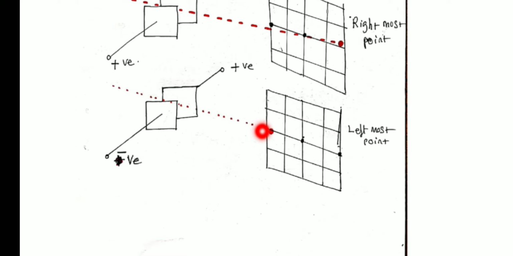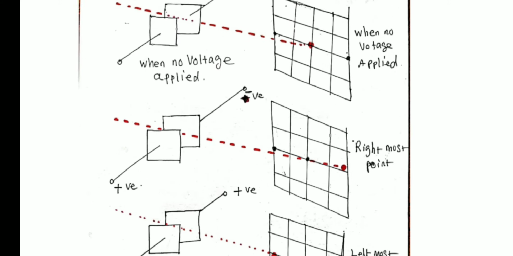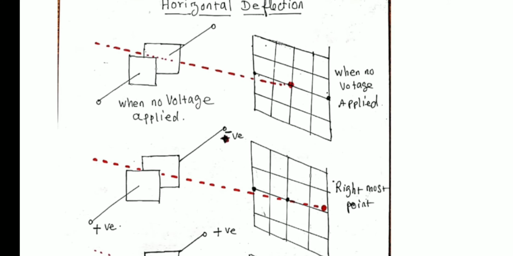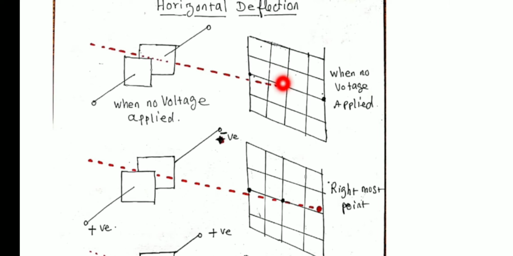Hence now we are able to move the luminous spot by deflecting the electron beam to the left direction and right, okay, like this.